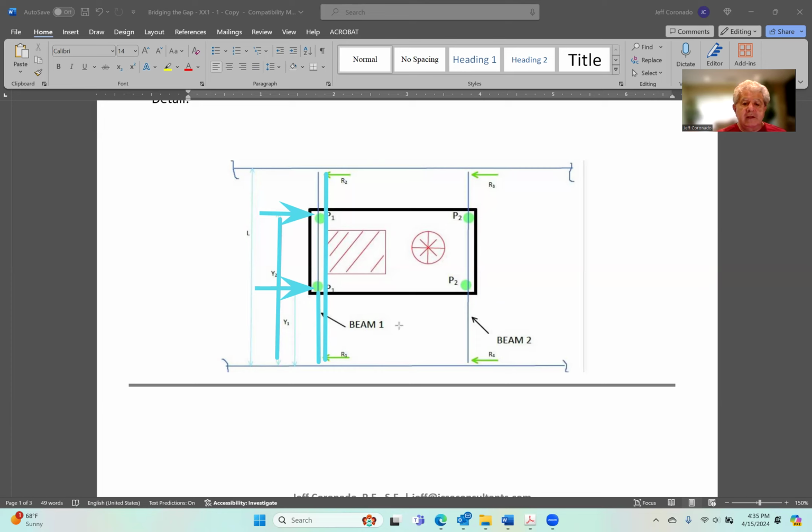This doesn't include the weight of the platform, other roof area tributary to beam 1, or other beams that are tributary to beam 1.